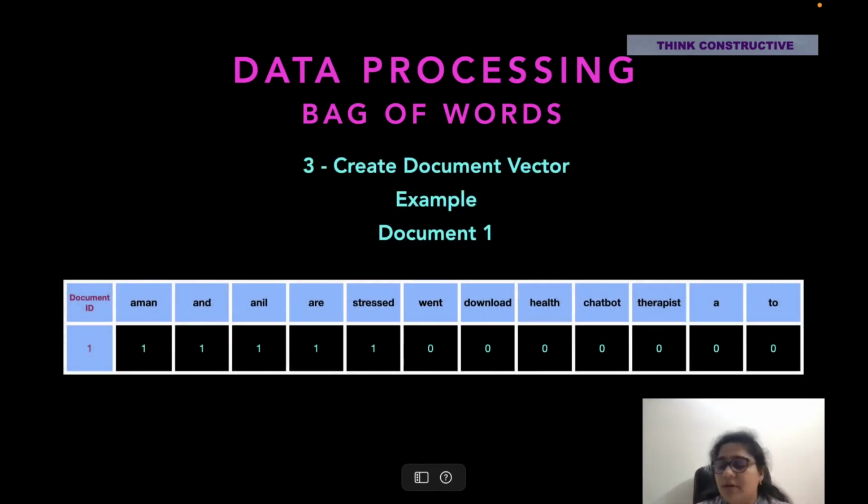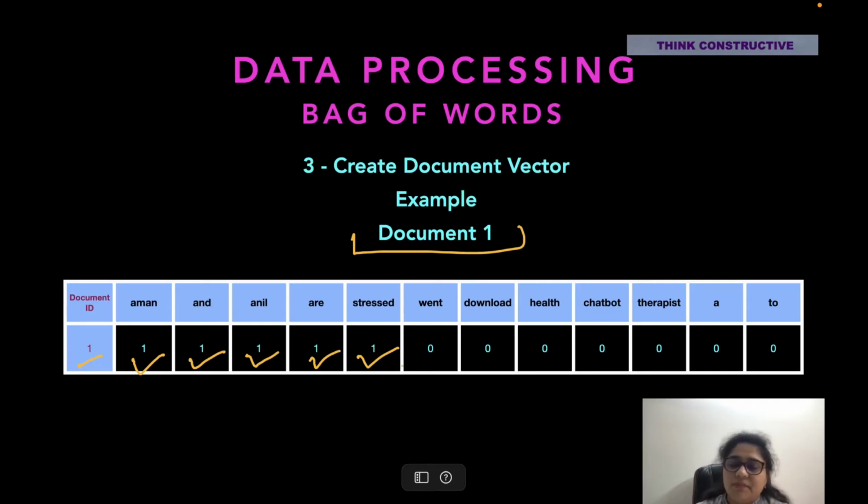So as an example of this, for document 1, I'm creating the document vector now. Okay. So for document 1, Aman is coming only once, so it is 1. Okay. Anil is coming 1. R 1. Stressed 1. Aman and Anil are stressed. That was my document 1.